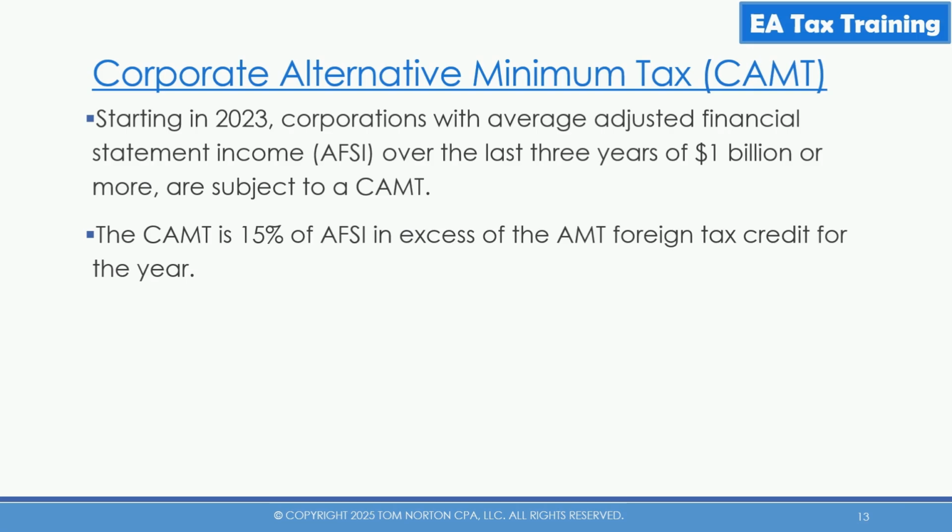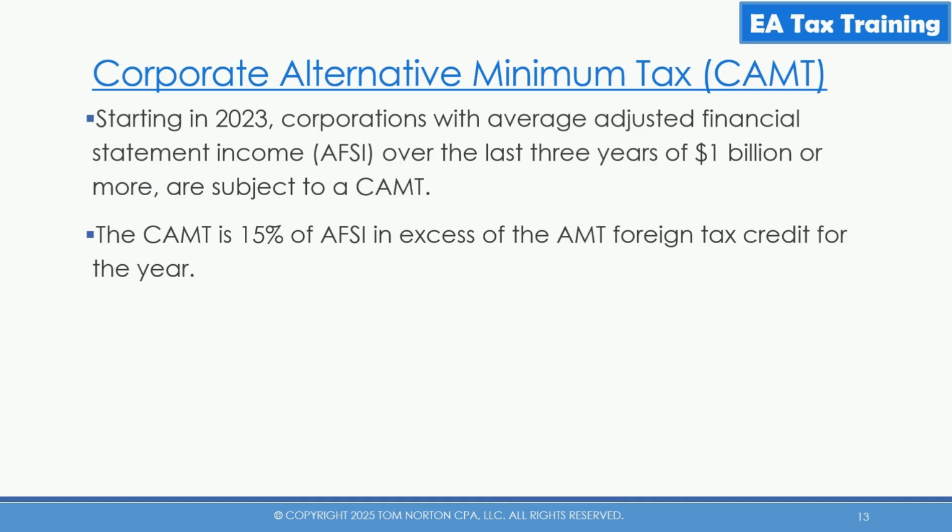So in the corporate world, especially these very large corporations, there is this tension between book and tax income for the corporation. On the one hand, the corporation wants to show as low a taxable income as possible in order to pay the least amount of tax possible. So they want taxable income to be low. On the other hand, their book income, their financial statement income, for these big companies, they're usually publicly traded companies.